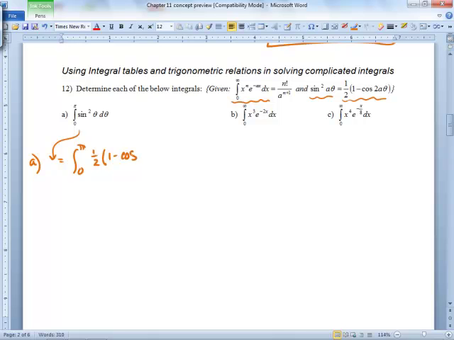Now what is my a going to be? Look at this guy, sine squared theta. He is supposed to be matching with this. a is 1. So it's just going to be 1 minus the cosine of 2 theta then.